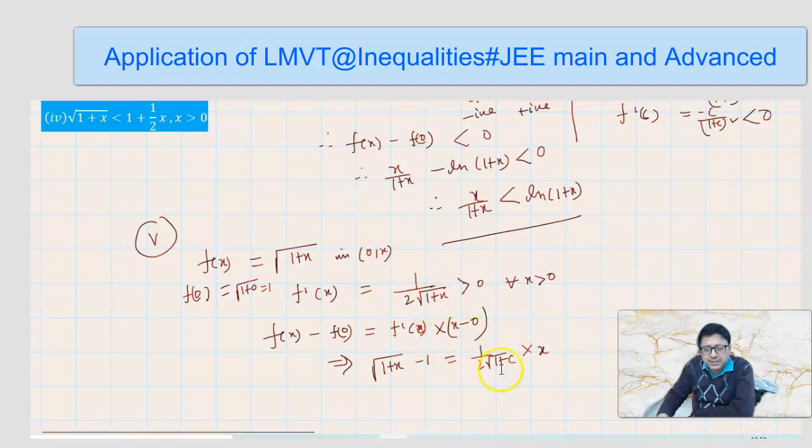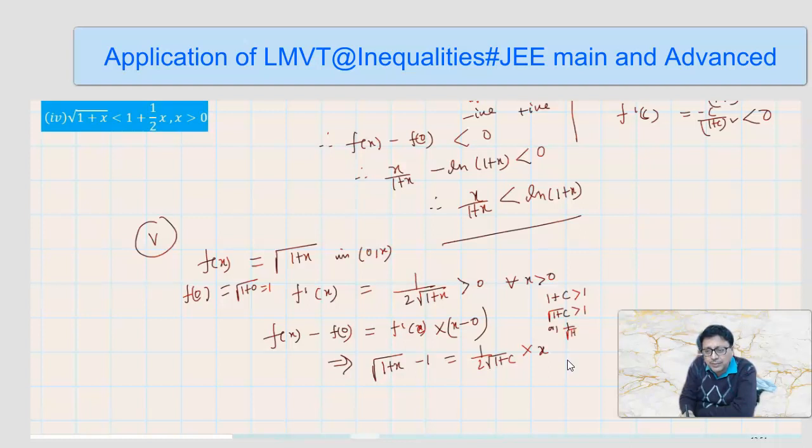Now we substitute f dash c, and x minus 0 is x. You just check this carefully. c is a point like x only. So if 1 plus c is greater than 1, or root(1 plus c) is greater than root 1, which means 1, then 1 by root(1 plus c) will be less than 1.